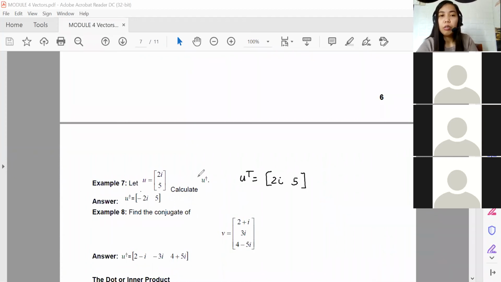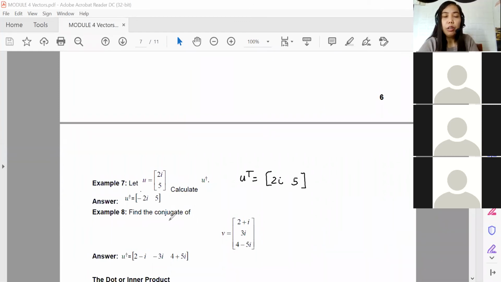Okay, and then to find the conjugate of 2i, that's -2i. When we get the conjugate of a real number, class, it's just the same. Nagpapalit lang tayo ng sign doon sa may I o yung may complex. That's why the conjugate of 5 is still 5. That's it.